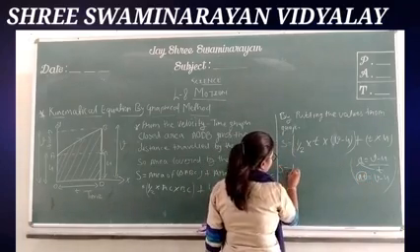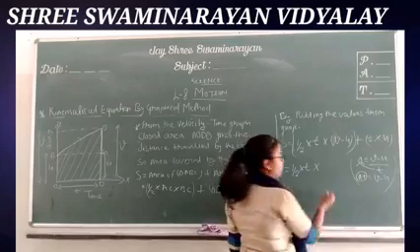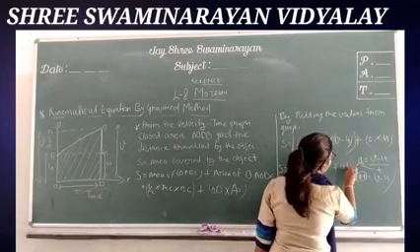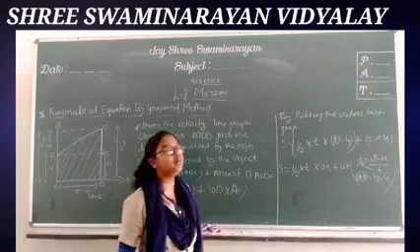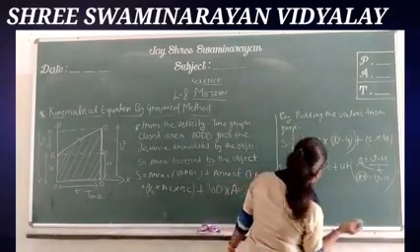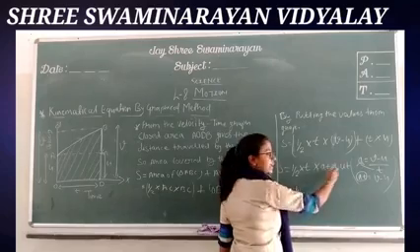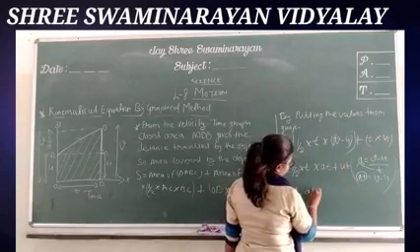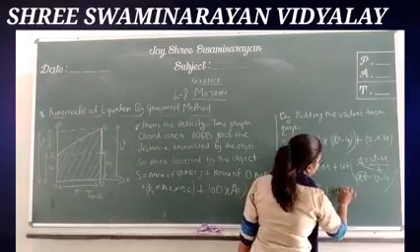So S is equal to half multiply by T multiply by AT plus UT. T multiply by U or U multiply by T will become UT. So S is equal to half T multiply by AT, that will be AT square. So half multiply by AT square plus UT.